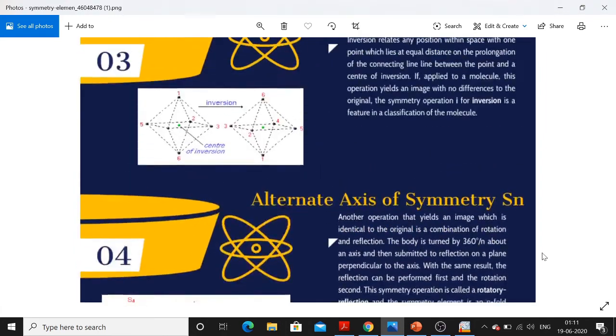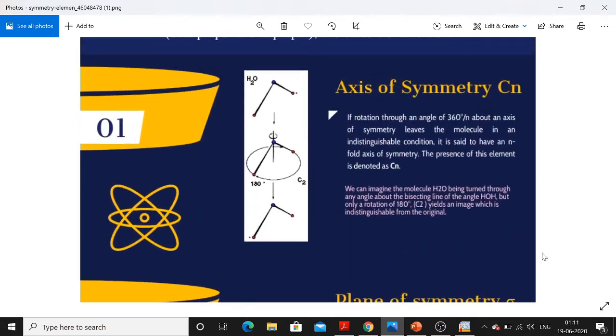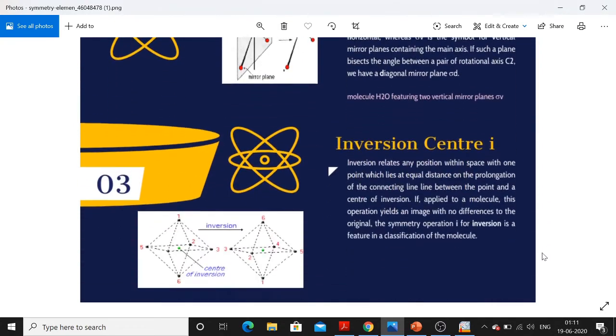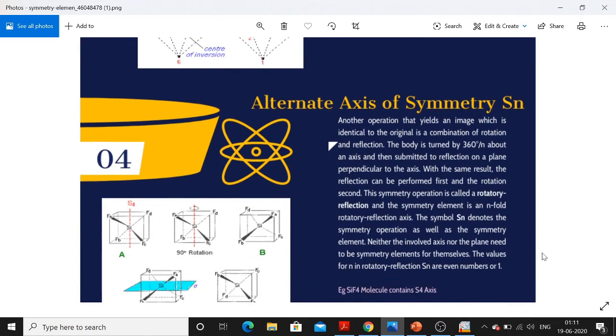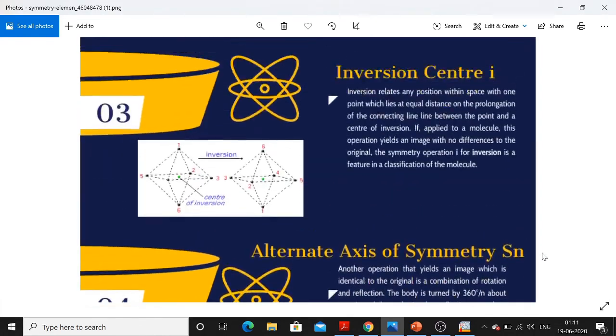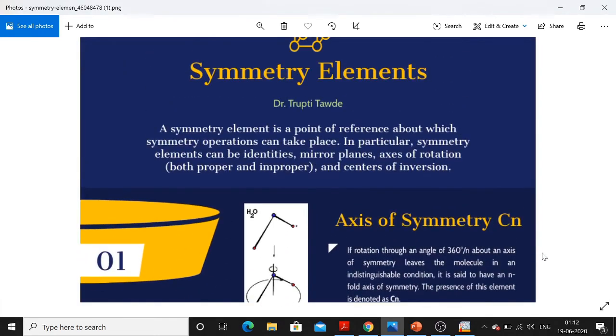So there are a total of 5 symmetry operations: axis of rotation, plane of symmetry, inversion center, alternate axis of symmetry, and identity. We'll not focus more on identity, but these remaining 4 are very important.